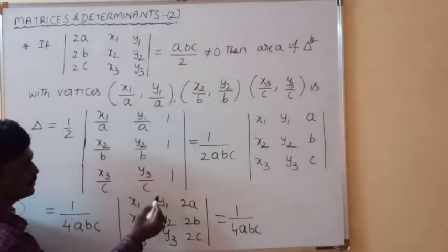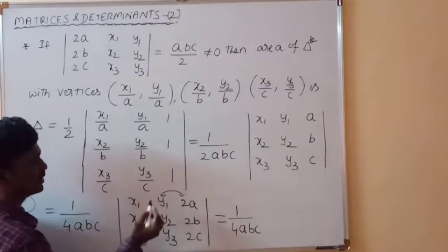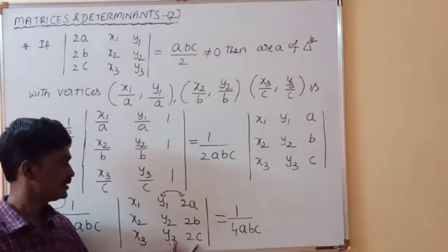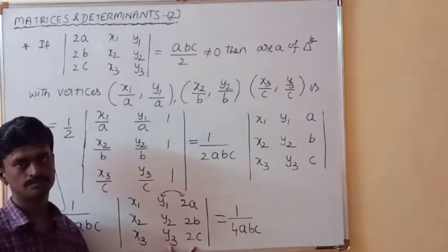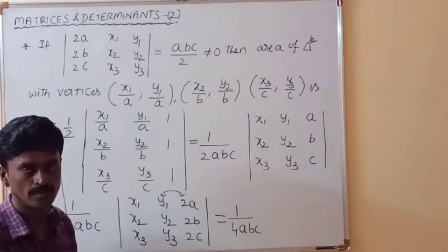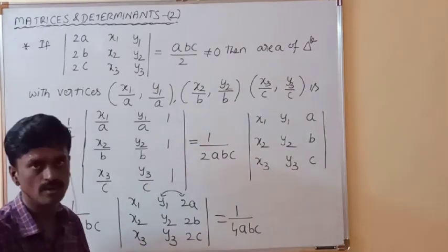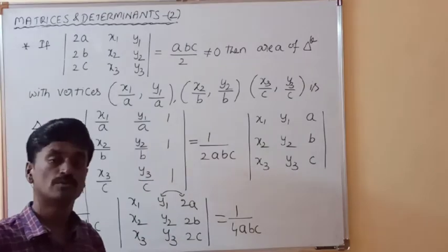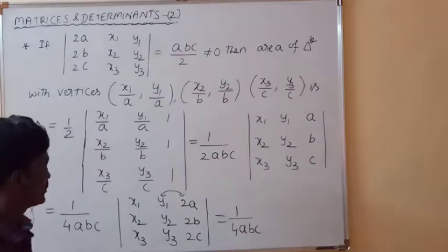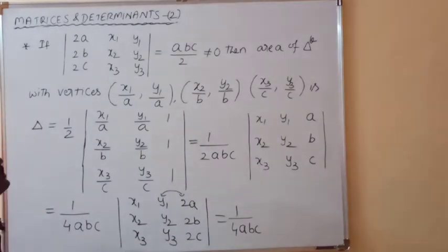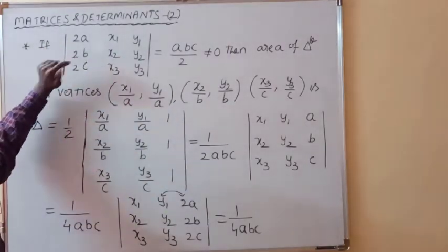See, if you interchange the third column and second column, a minus will come. After that, you interchange the first column and second column, one more minus will come. So minus into minus is plus, so the value of this determinant is the same as the value of the given determinant.